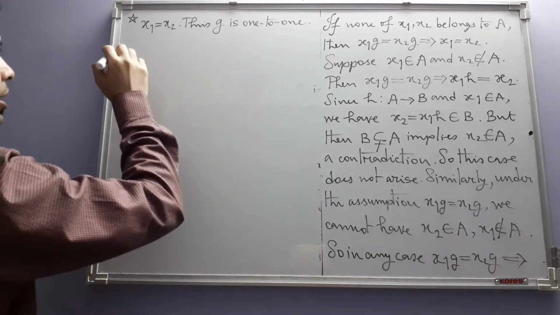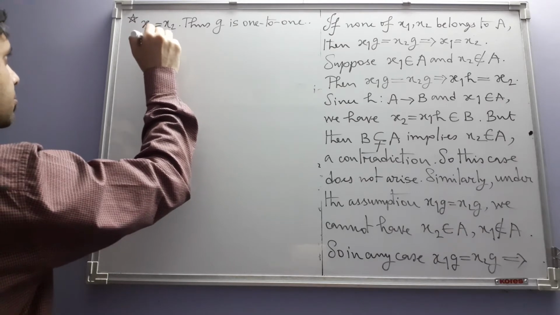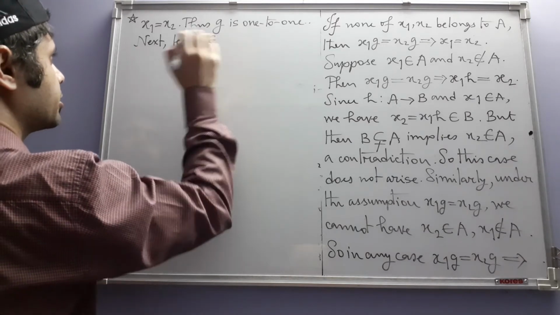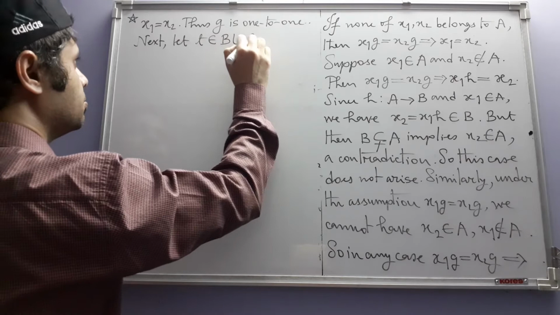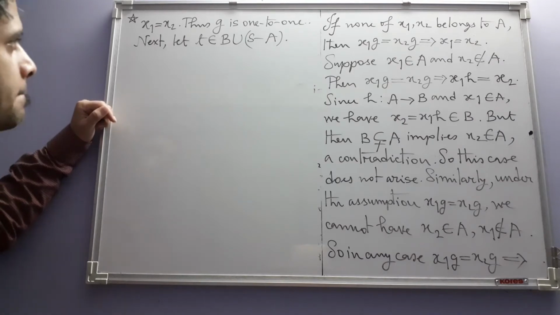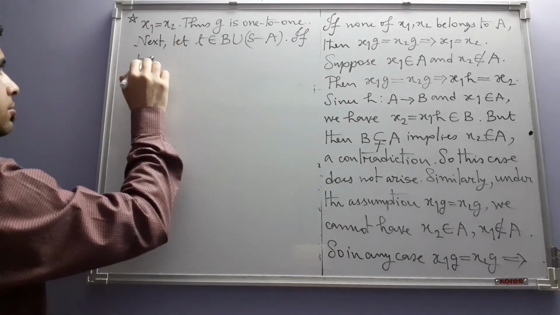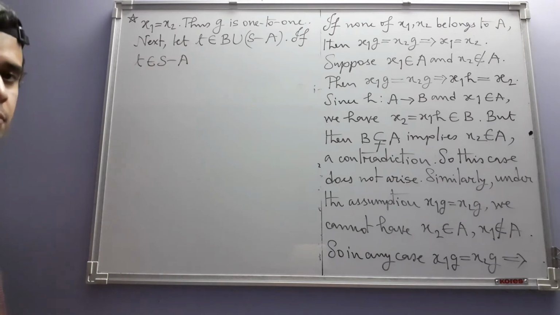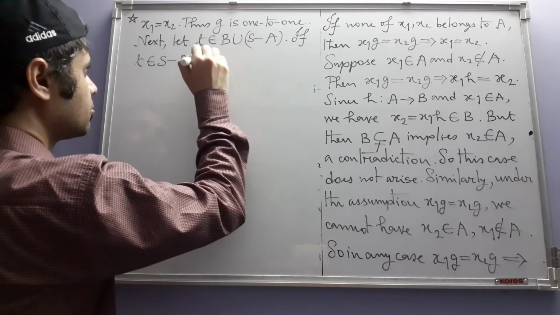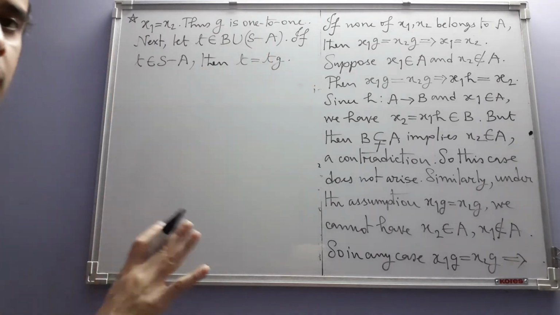Now the second set, if you remember, is B union S minus A. Let us take T. Let T be any element in B union S minus A. If T belongs to S minus A, that means T is not in A, then T is equal to Tg according to the definition of the function G.